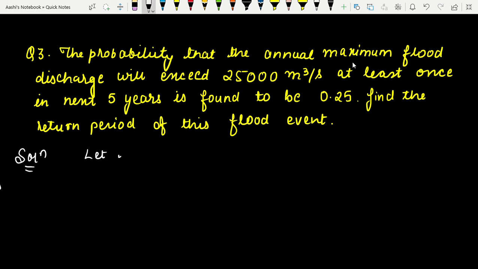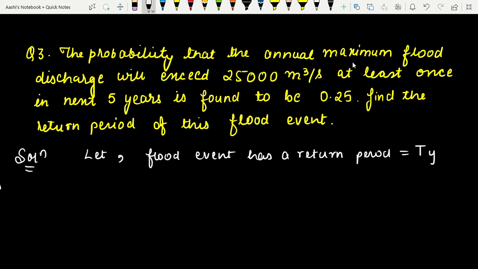So this is nothing but, we can say, let this flood event, let us say 25,000 meter cube per second, have a return period equal to T years.